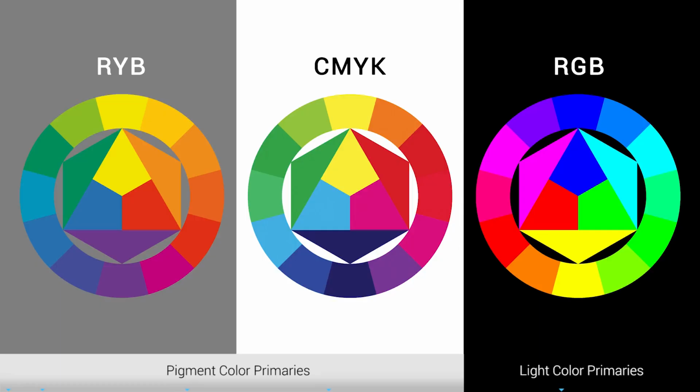Now, if you've ever looked into colors a little bit, you might be wondering, why aren't we talking about the blue, red, and yellow model? And isn't that what the pigment color primaries model should be? Well, the reality is that yes, a lot of schools will teach red, blue, and yellow, and this is also what a lot of painters will use as their primary colors when it comes to mixing colors.